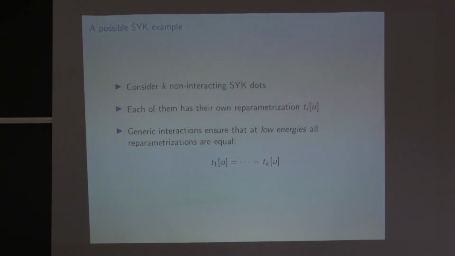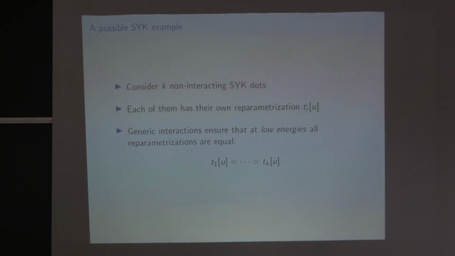So let me now make a possible speculative example of what can be emergent time. I don't really elaborate this much; it is just a random comment. Suppose I have k non-interacting SYK dots. Then we know that in the low energy limit the dynamics is determined by reparameterization dynamics. But if I add even a small interaction between the SYKs, then classically it forces all the reparameterizations to be equal.